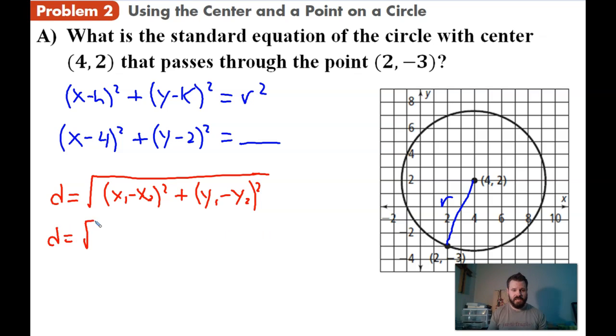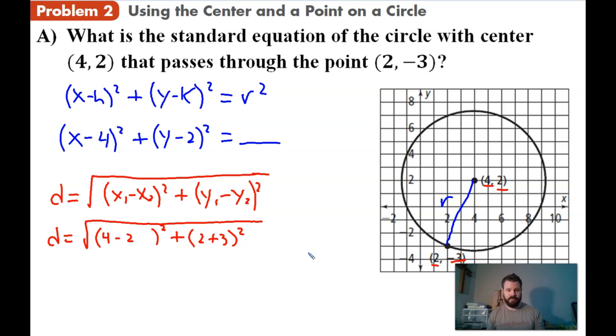So filling things in, let's go ahead and do that. x minus x, it doesn't matter what order we do, I'm just going to go 4 minus 2, squared, plus, in the same order, y minus y2: 2 minus a negative 3, in other words, 2 plus 3, squared. So d is equal to the square root of, let's see, 4 minus 2 is 2, 2 squared is 4, plus 2 plus 3 is 5, 5 squared is 25.